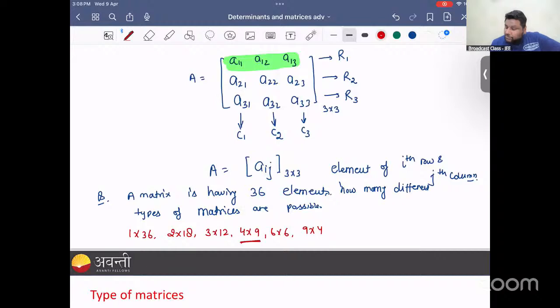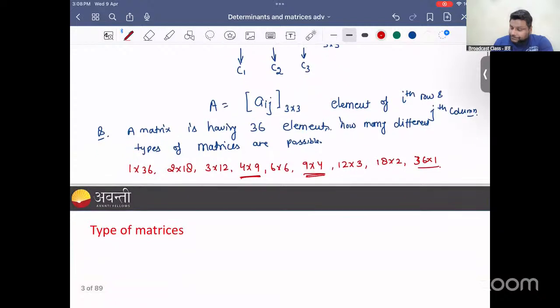These are different: 4 by 9 means 4 rows, 9 columns, while 9 by 4 means 9 rows, 4 columns. Then 12 into 3, 18 into 2, and 36 into 1. Am I clear? So in this way, 9 different orders of matrices are possible if they are having 36 entries.